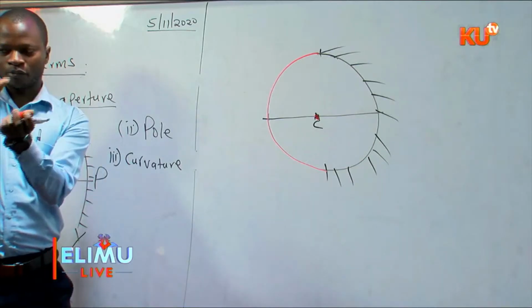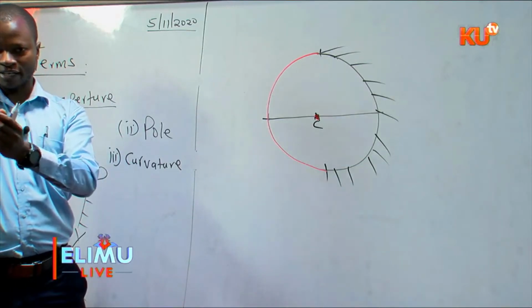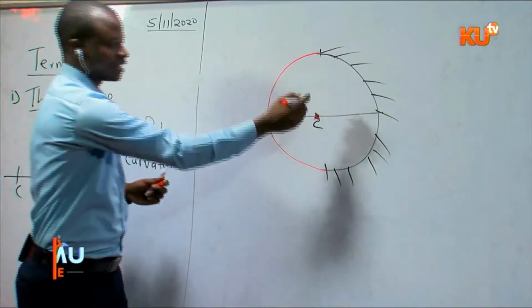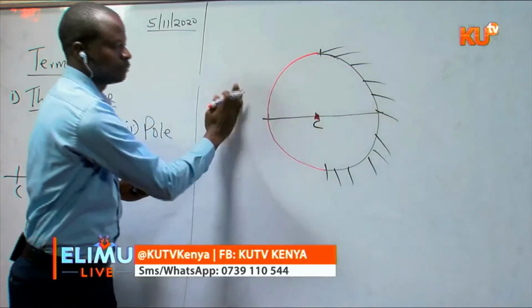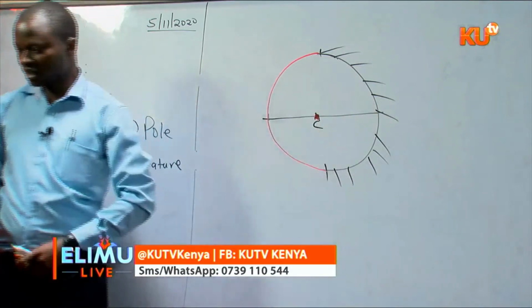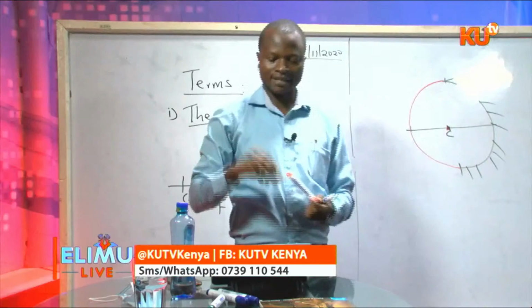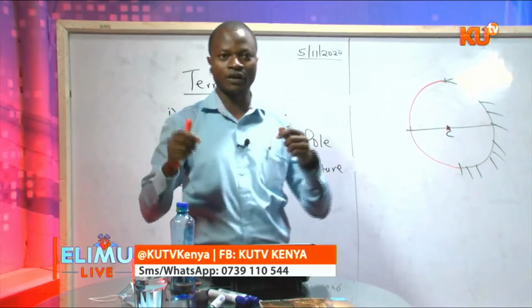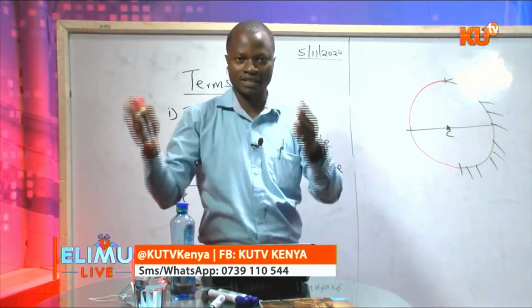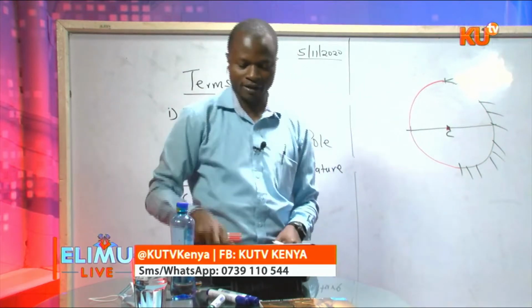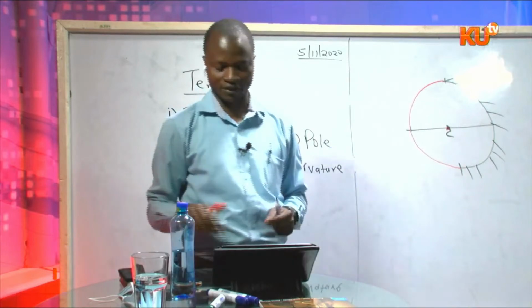That ball is an example of a sphere. So after cutting the ball into two, the center remains the same, whether you are using this part or this part. So the center of curvature, C, we usually say, is the center of the sphere of which this mirror is part. This mirror is part of a certain sphere. So the center of that sphere is what we are calling the center of curvature.